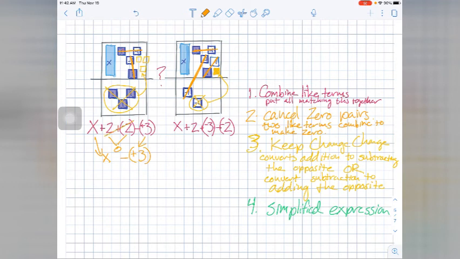That's what's left over because these two cancel each other out. And then over here, I have x, but then the 2 cancels out with the negative 3 to make negative 1, and then subtracting negative 2 is going to turn this into subtracting negative 1. And so that's what I saw before the yellow part.